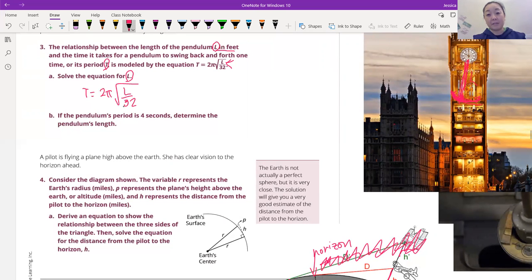Now, if you think about this, if you notice right here, that is the radius, right? And if it's swinging, the radius does not change. Obviously, that's why it's called the radius. Then we're actually dealing with a circle.